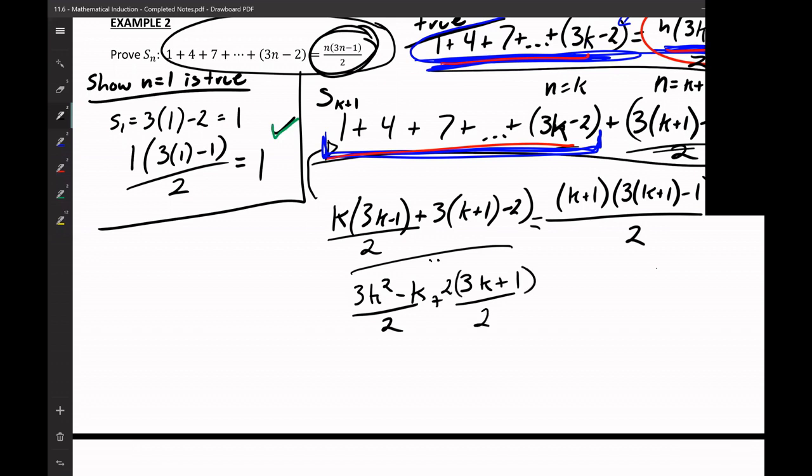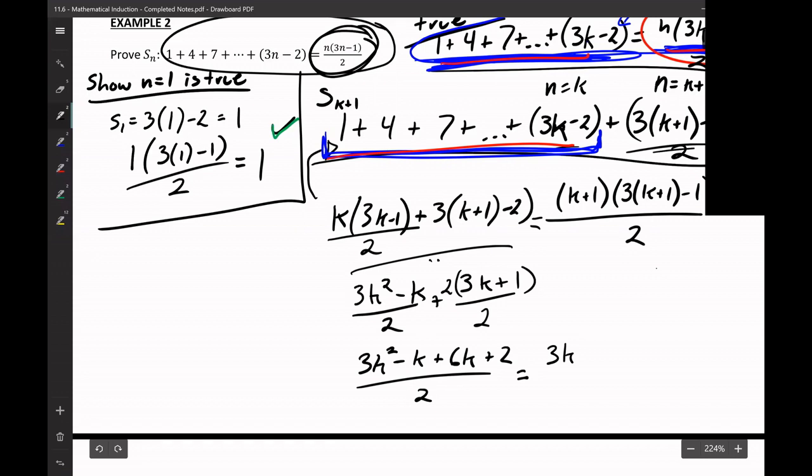So this would become 3k squared minus k plus 6k plus 2 all over 2. And then I go a little bit further and I say, well, this expression here is just 3k squared plus 5k plus 2 over 2.